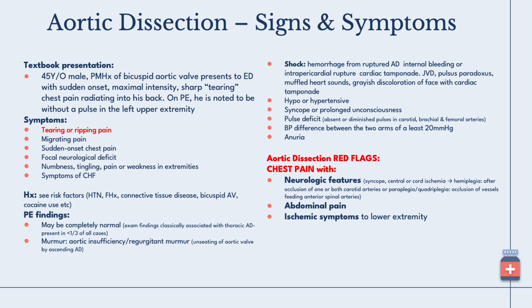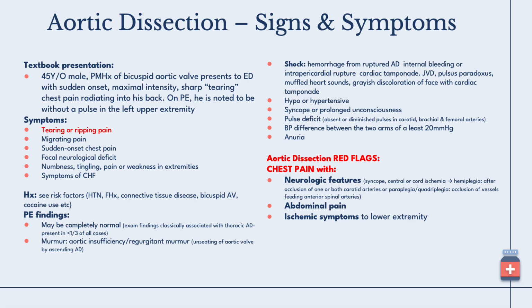So this kind of indicates there could be unseating of that aortic valve. So they could be shocky, so hemorrhage from a ruptured aortic dissection, internal bleeding, or interpericardial rupture, cardiac tamponade, JVD, pulsus paradoxus, muffled heart sounds.